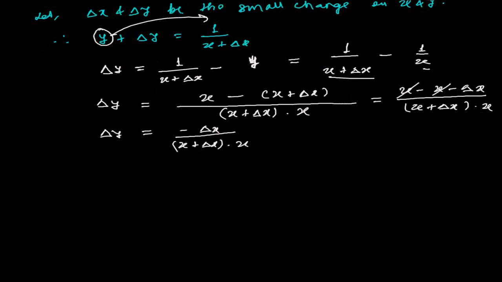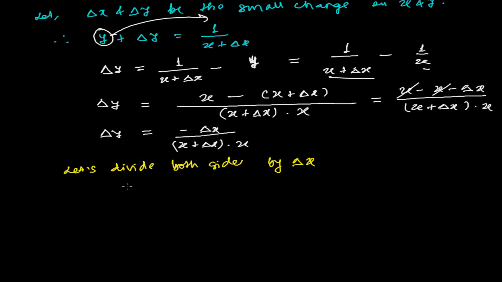Now, as we usually do, we need to divide the left hand side as well as the right hand side by delta x. This is the process we follow in every problem while finding the derivative from the first principle. So let's divide both sides by delta x.